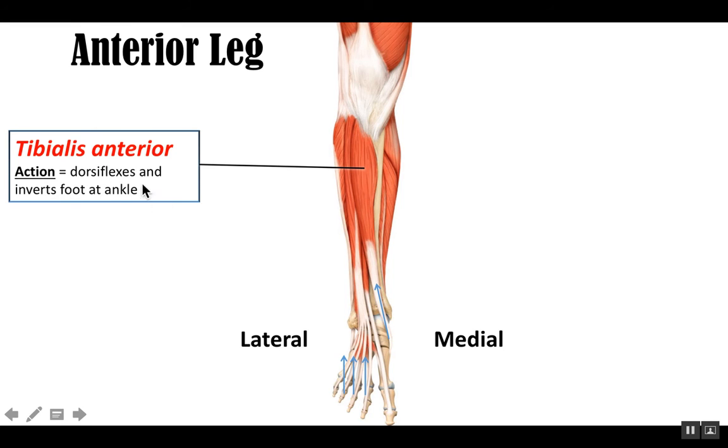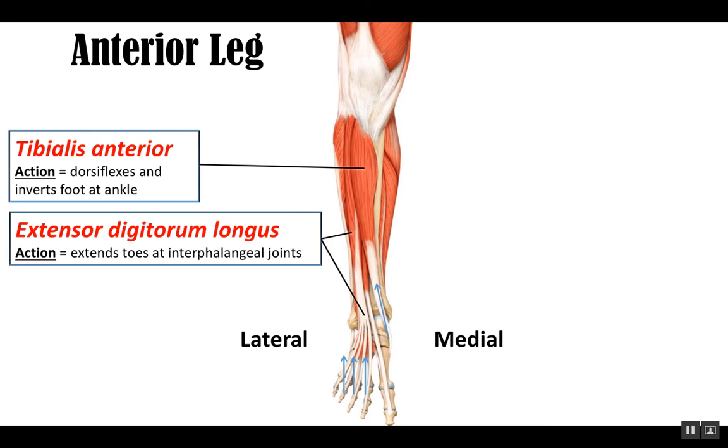This is done using joints at the ankle. But if you remember, dorsiflexion is when you leave your heel on the ground and lift your foot up. And then inverting is when you turn the inside of the foot up and face the sole of your foot towards the midline. That would be inverting.